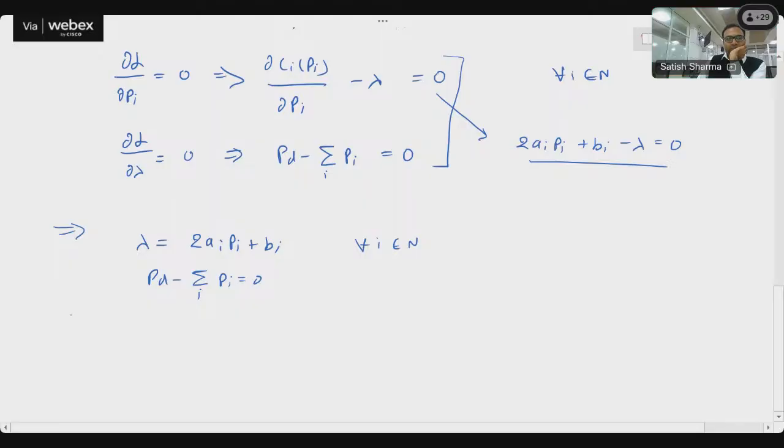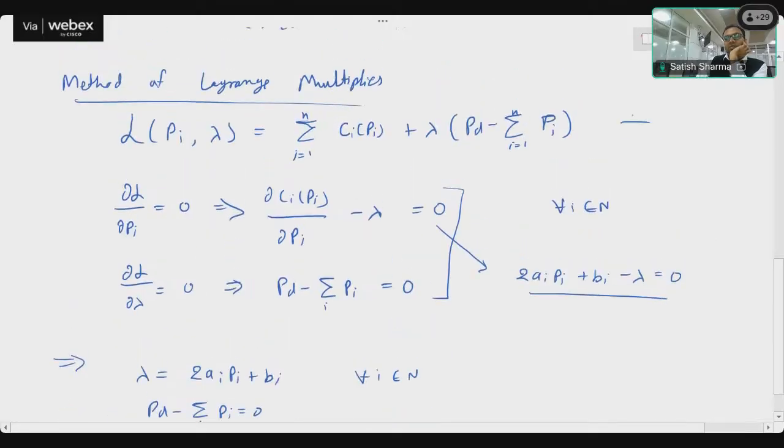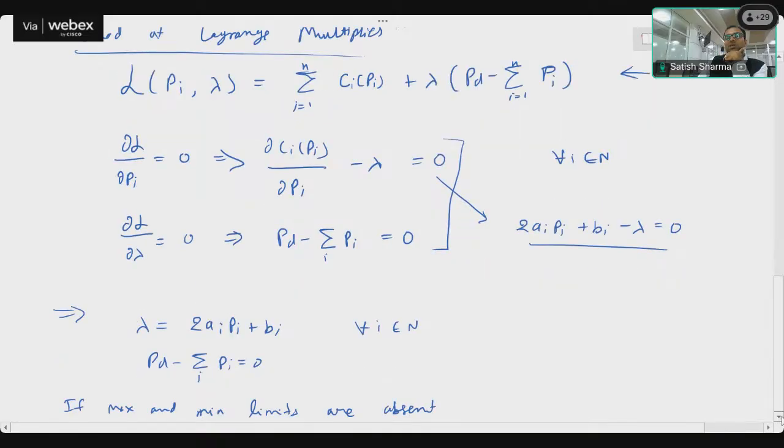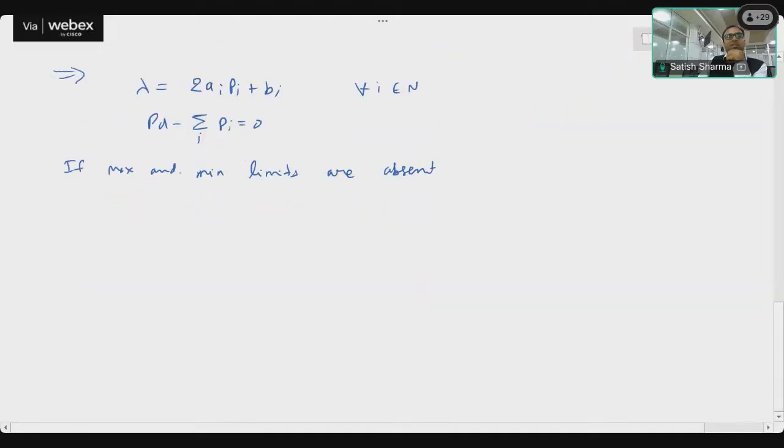If the maximum and minimum limits are absent, because we have not considered them in the Lagrangian function, like here you can see we have not considered any maximum or minimum limit, then these variables are unrestricted and solving it will give us the perfect solution.